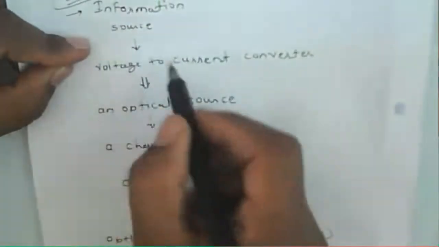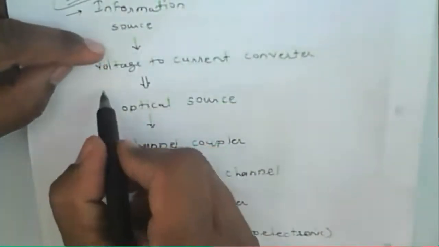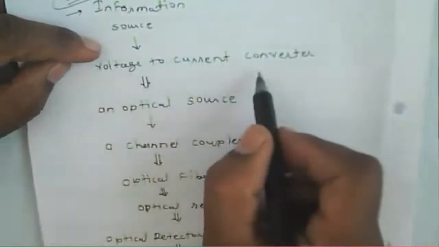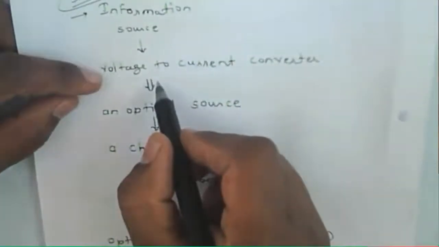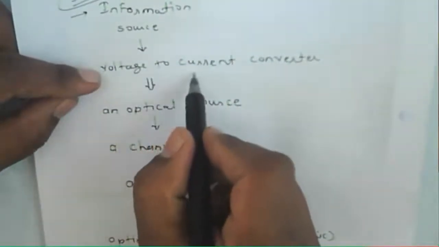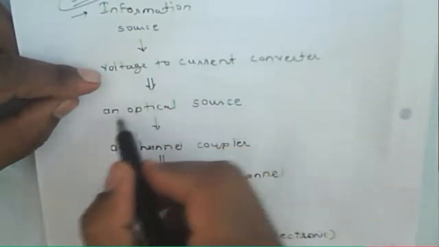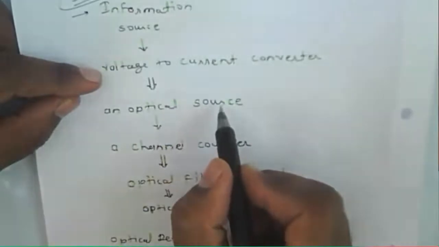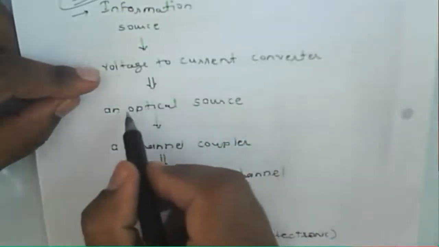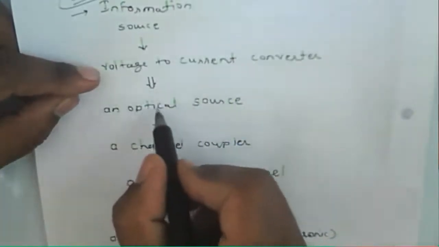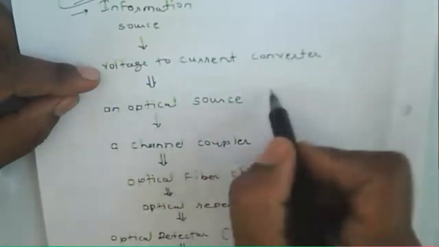If it is a current, it is given directly to the optical source. That's why we say voltage to current converter. Once that current conversion takes place, the input is given to the optical source, and based on the level of current, photon generation takes place in the optical source.